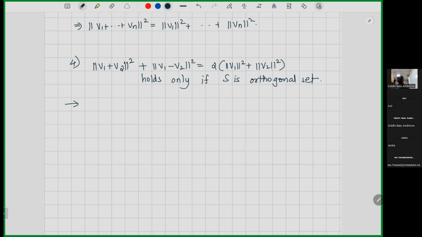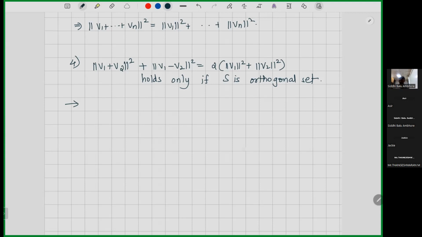And v1 minus v2 norm square, since the inner products of v1, v2 and v2, v1 would be 0, in that case you'll again land with the same thing. Yes, that is correct. So that happens when S is orthogonal.